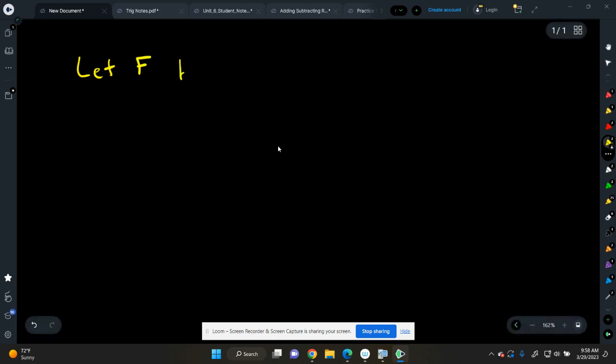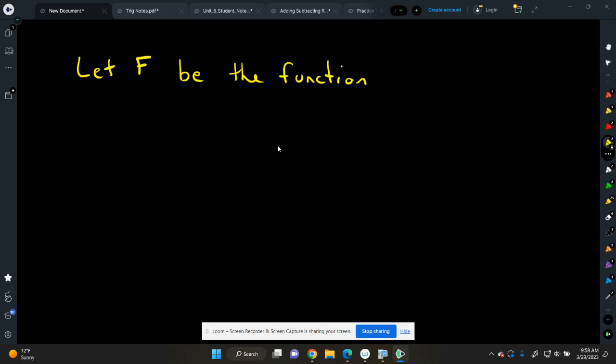All right. Let uppercase F be the function. These are excellent questions, the types of questions you're going to see on your AP exam. Uppercase F is the antiderivative of lowercase f.